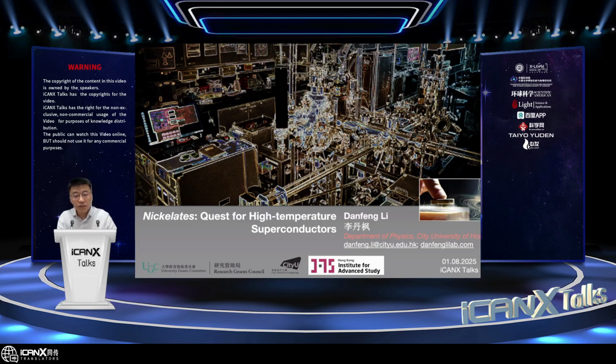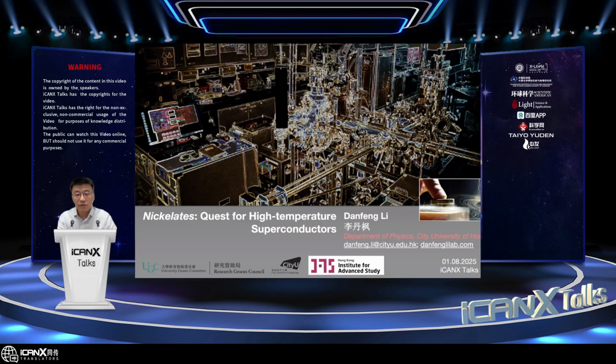So in today's talk, I would like to focus on one particular material system, which we call nickel oxide, or nickelates. This family of materials recently emerged as a new family of high temperature superconductors.